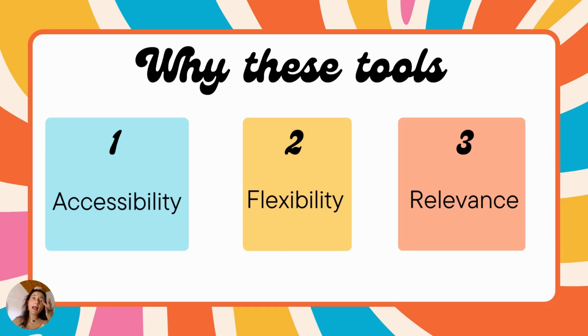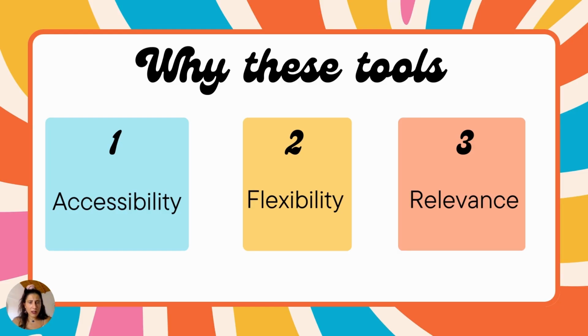Firstly, the accessibility. Zapworks works on almost any device through a regular web browser, so schools do not need expensive equipment. Adobe Aero is simple for teachers to learn because it uses a drag and drop system without needing coding skills. This means both tools are practical even for teachers and students who are new to AR.